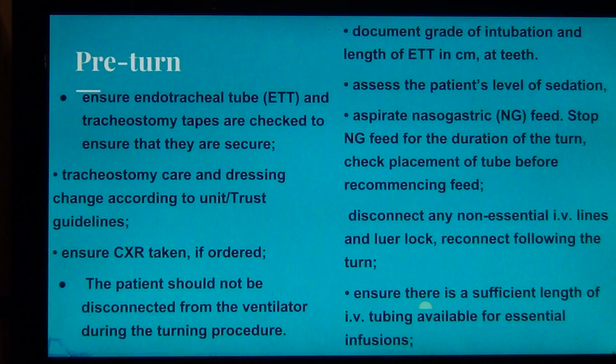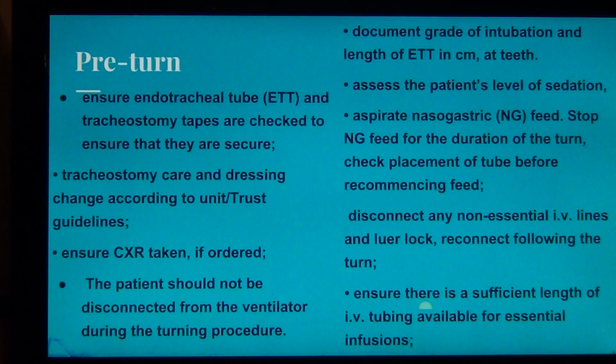Ensure chest x-ray is taken if it's been ordered. The patient should not be disconnected from the ventilator during the procedure. Disconnect them, they can't breathe, they're already having issues because they're in the prone position. They more than likely have ARDS and they're trying to get them to oxygenate and ventilate better.